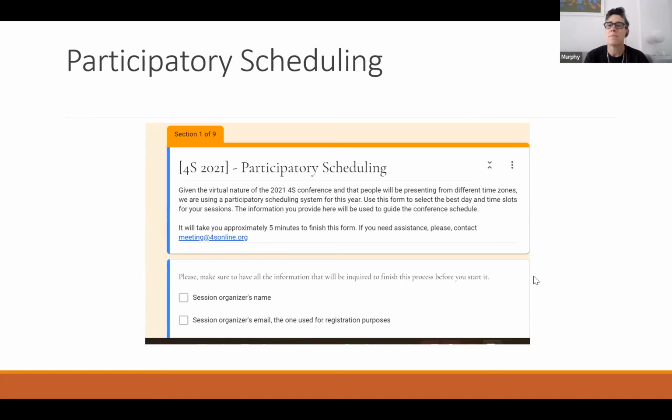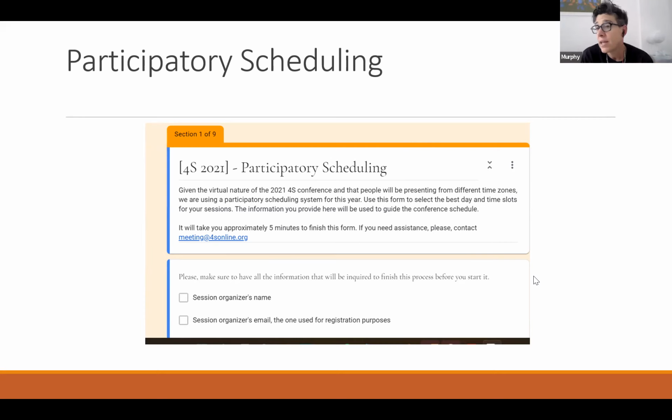And so we did this thing that we kind of made up called participatory scheduling, where instead of program chairs scheduling all the papers, we had an elaborate process of inviting participants to give us their suggestions about the best times for their assembly and try to get the first or second choice for everyone, which involved then creating a conference that starts super early in the day and goes super late at night.